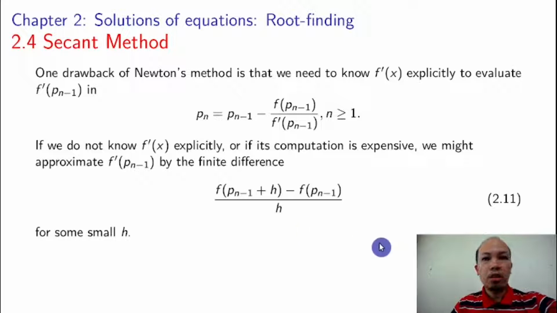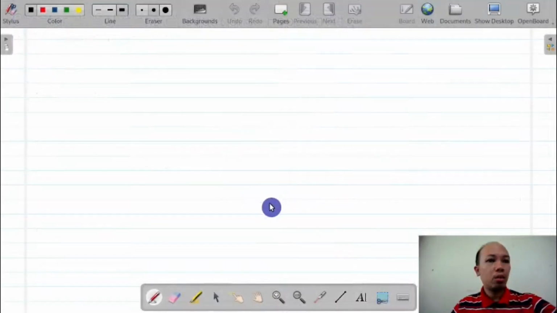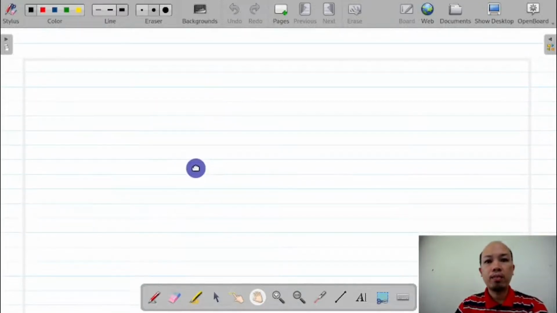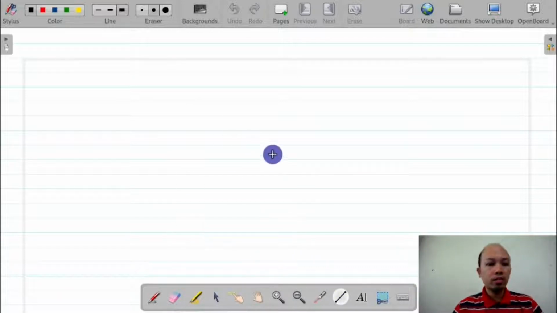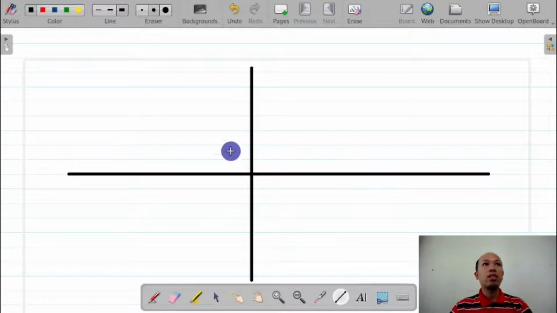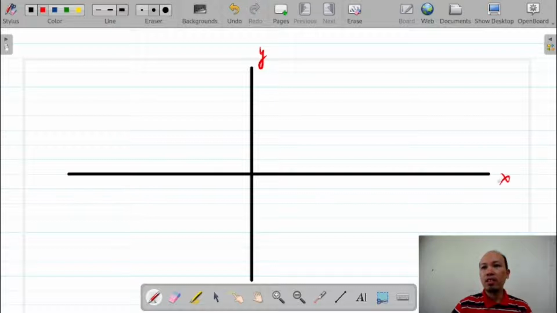So let's go to our open board. For example, if you have a function like this one here, let's make an x-axis and a y-axis.